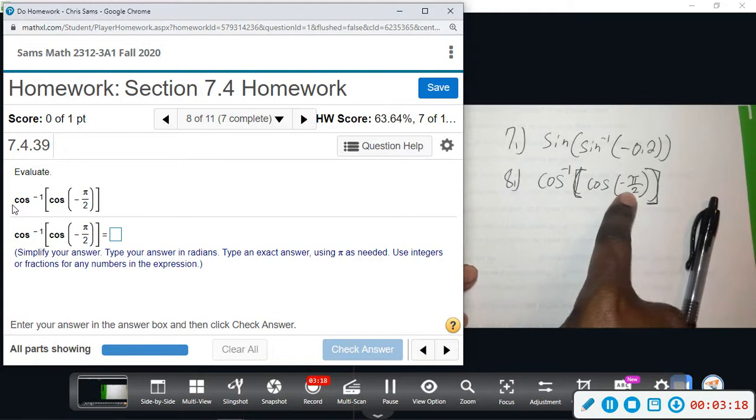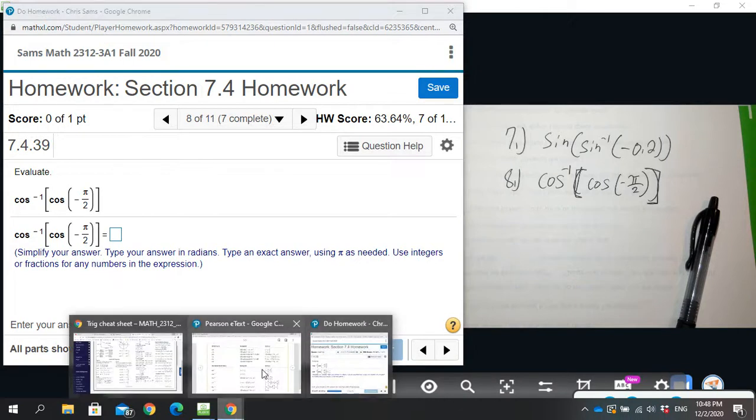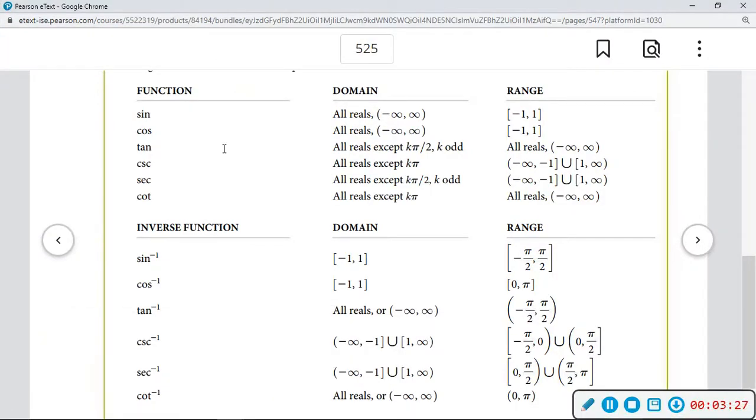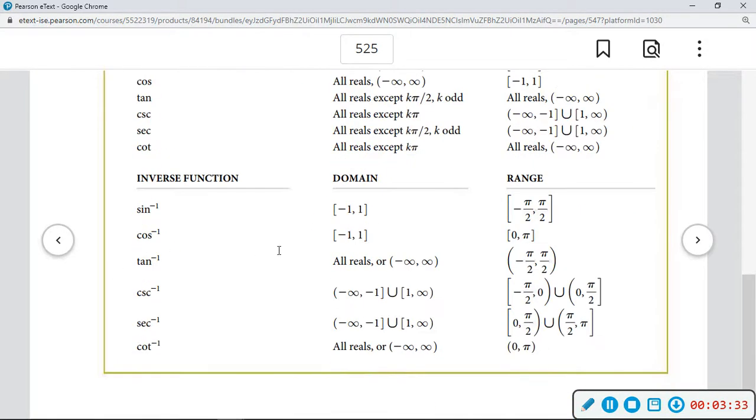That gave me negative pi over 2. That is not in the domain of cosine inverse. We need to be between 0 and pi. That's where our restriction is, because they switched it around on us.